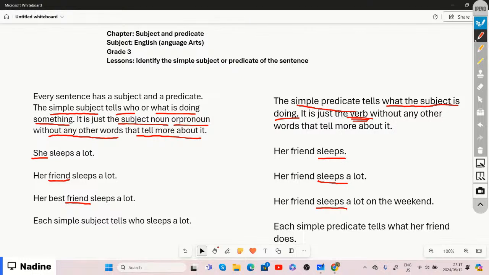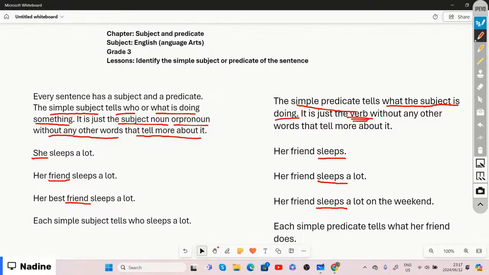If it's just a subject and a predicate, then sometimes the subject tells us who or what is doing something, and they identify basically everything that tells us about the noun or the pronoun. And the same with the predicate, right? It tells us what the subject is doing, and it will be the verb and all the other things. It tells us more about the verb.